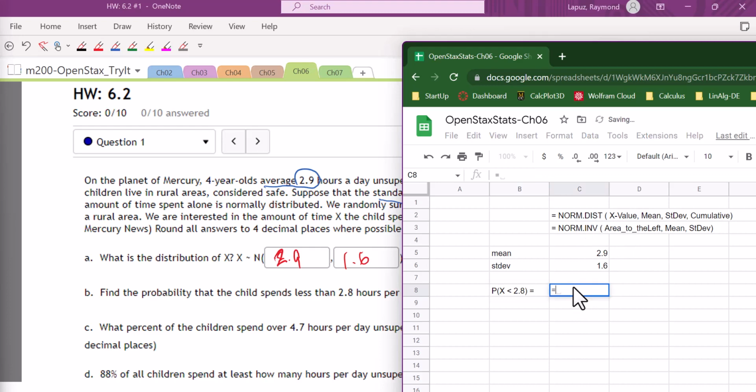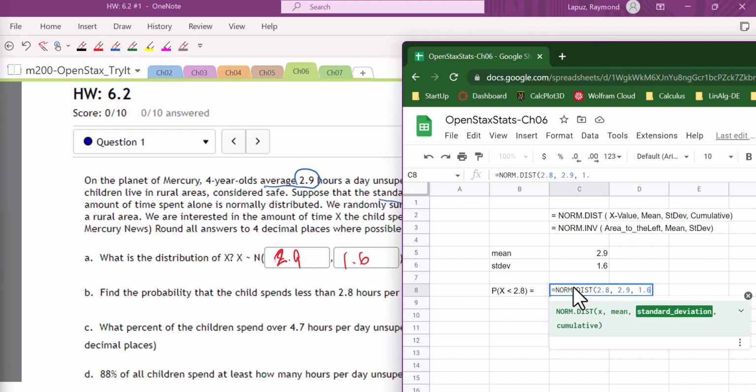So this will end up being equals norm.dist, and then our X value that we want to put in is going to be the 2.8. And then we're going to say comma, and then the mean 2.9 and the standard deviation 1.6. And remember that we're always going to be looking at the cumulative, so this is going to be labeled as true.